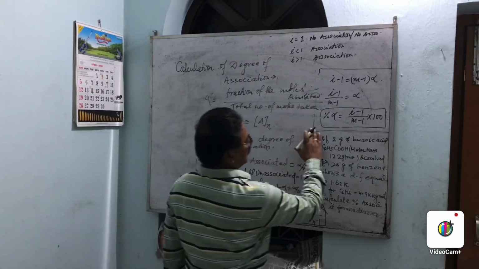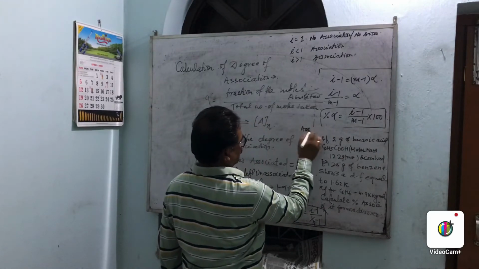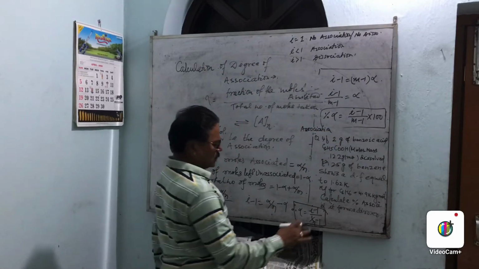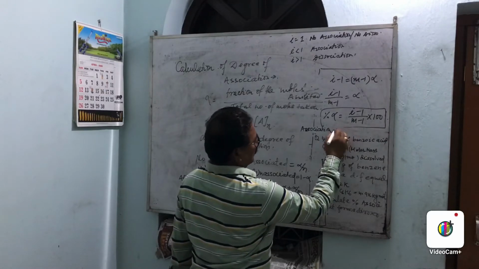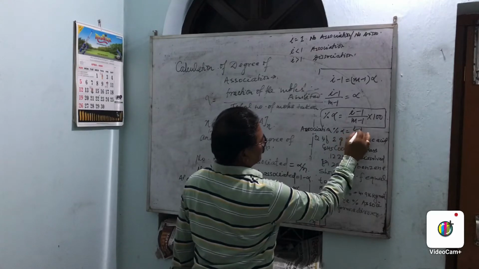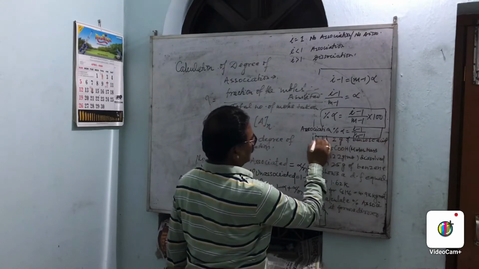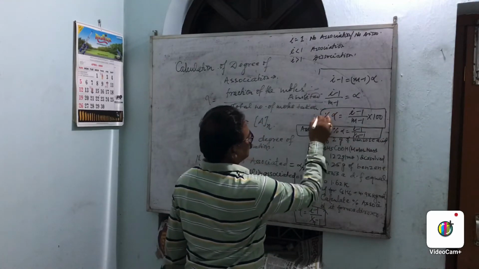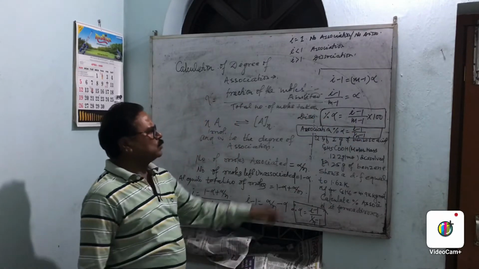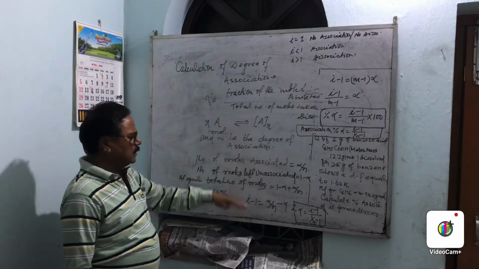So we write here another expression for the degree of association, simply percentage alpha. This is the other expression for association, and the earlier one is for dissociation. These two expressions are very important to solve numericals. So this is the theoretical concept.